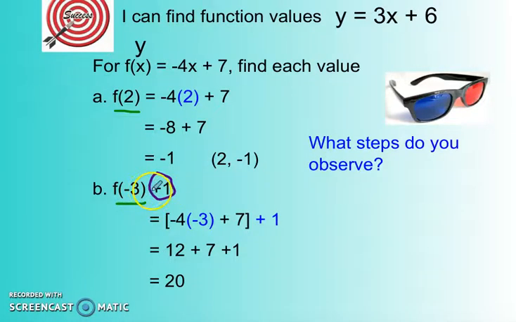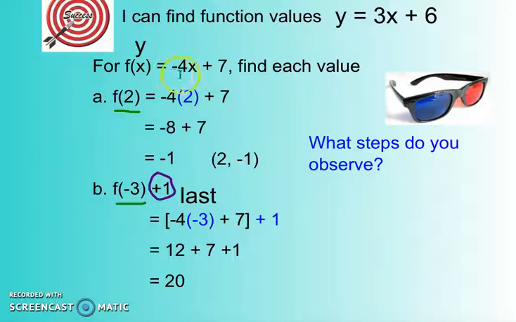And do you notice the plus 1 is not in the parentheses? And what that means is we are going to do this one last. So we are going to plug in the negative 3, see what we get, and then after that we're going to add on 1.